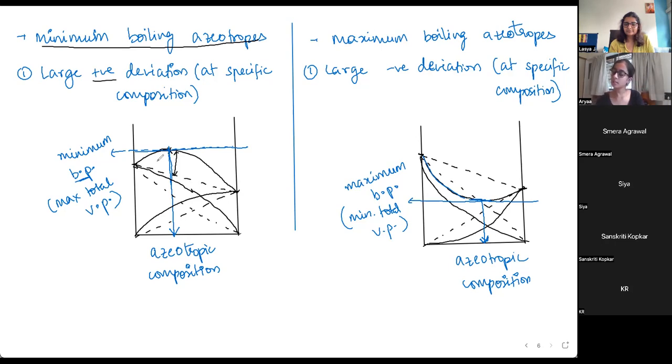But how is that related to the positive deviation? Positive deviation is when A-B interactions are weaker than the individual component interactions, right? Yeah. So vapor pressure in positive deviation will be more than expected. Correct. Now take it one step further. If you were boiling the solution, will it boil at a higher temperature or a lower temperature? Positive deviation.